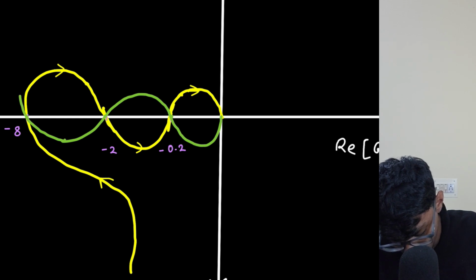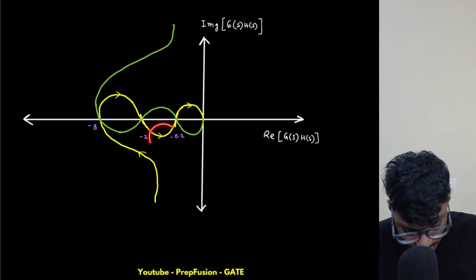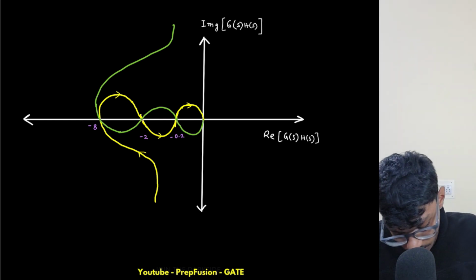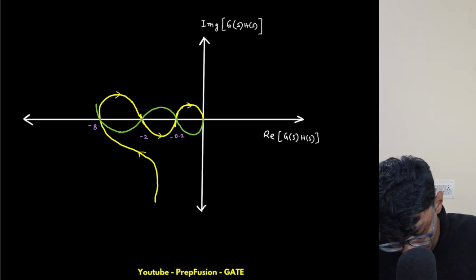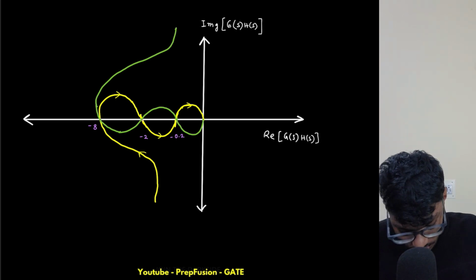And it goes like this. Do you understand why it is like this? We have a zero here, right? That's why. This you should be able to comprehend, we have studied this so well in the polar plot. So this is like this.